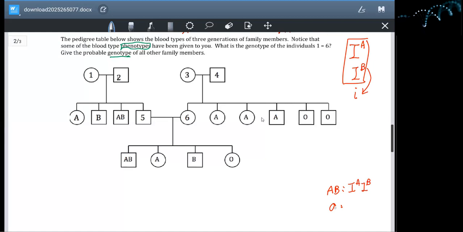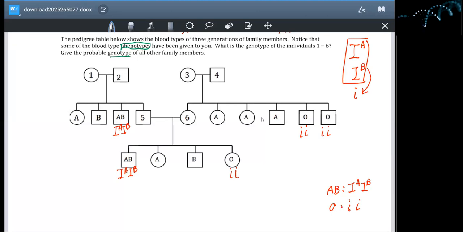What about O? Yes, you have homozygous little i. So I'm going to do those first because all these are known. So that's where you will start with a question of blood type group genotype. You start listing all the known ones. Now, let's work on the rest.